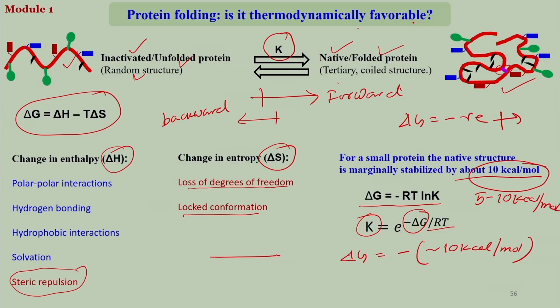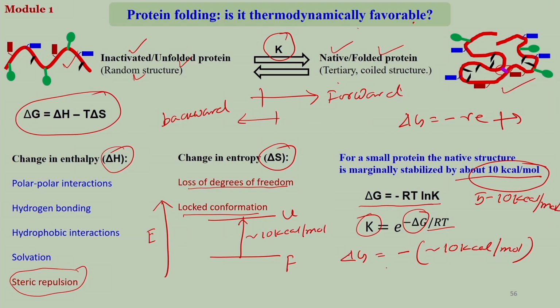Which means if this is the folded form, and this is the unfolded form, then this difference of energy is only roughly 10 kilocalorie per mole, a very small change of energy.